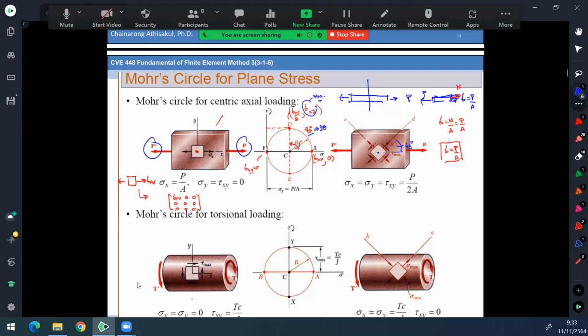So we have this condition that at this plane, we have the shear stress. So it means that first of all we focus on this plane, right? Okay, and when we rotate it to 45 degrees, it becomes this plane.